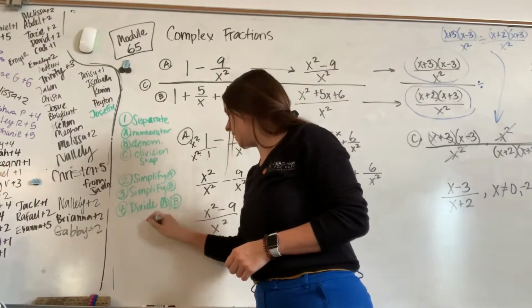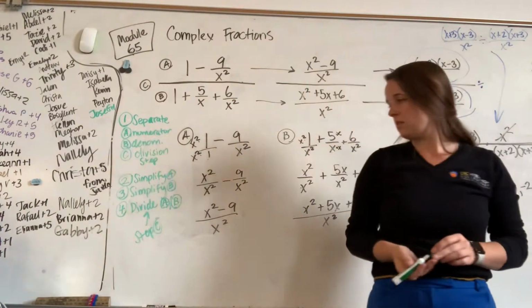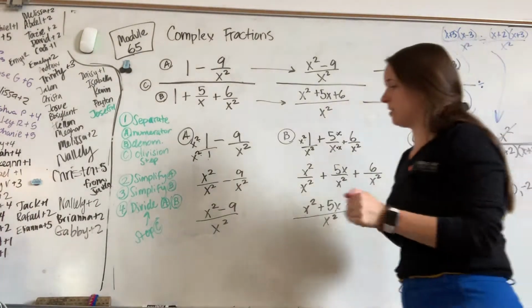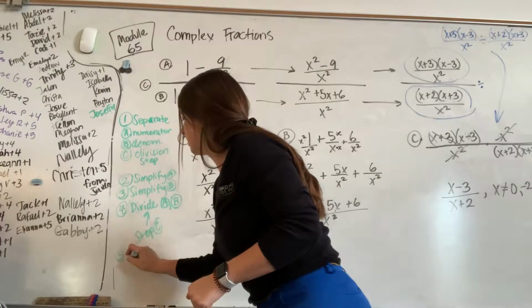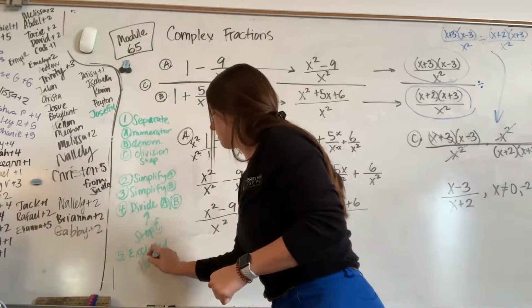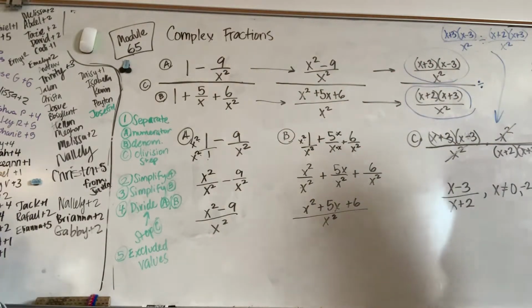So divide A by B. This is what we have been calling step C. And then, as always, the last step is excluded values. Whew, that is complicated, huh? That's why it's called complex fractions.